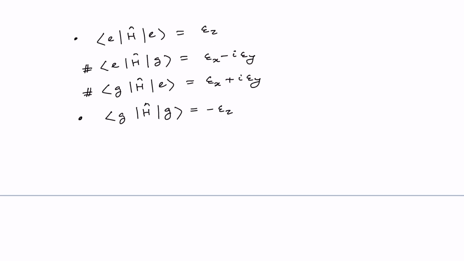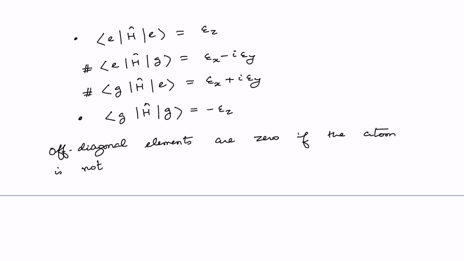This is very important, so let me write it down. Off-diagonal elements in the Hamiltonian are zero if the atom, or the two-level system, is not interacting with external fields or external agencies.